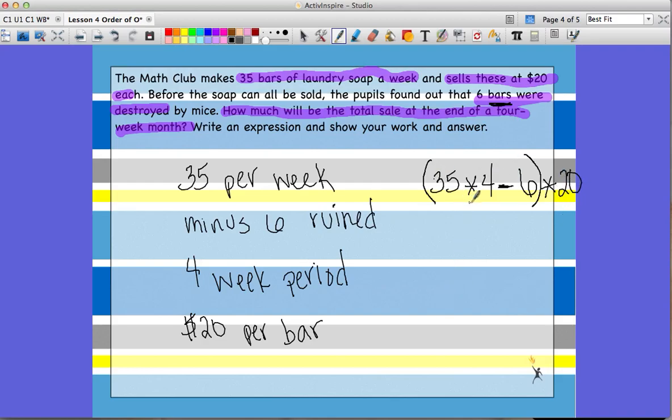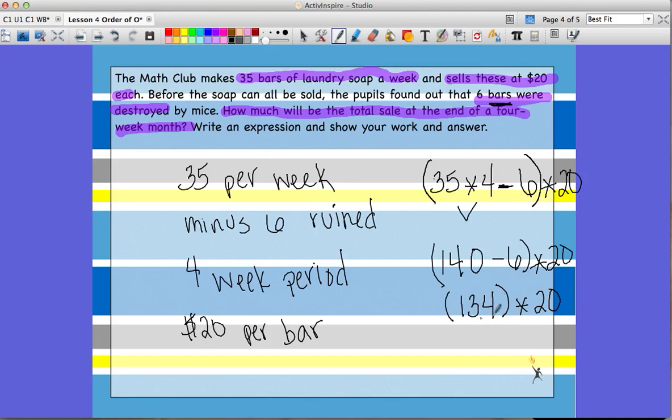Now to solve it, I do everything in the parentheses first. And inside the parentheses, it tells me to do multiplication first. So first I have to do 35 times 4, which is going to give me 140. Minus 6. This is all still in parentheses because I didn't finish all the operations in there. Bring down what I haven't used. 140 minus 6 is going to give me 134. So that tells me that out of the 140 bars that they made, they were able to use 134 of them.